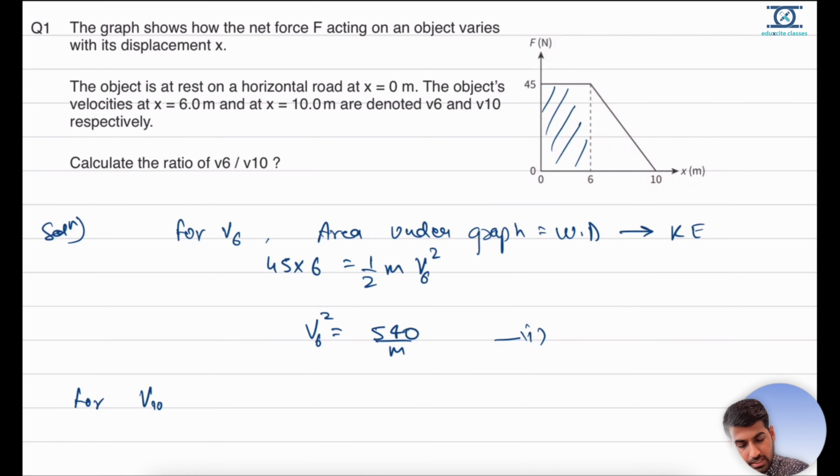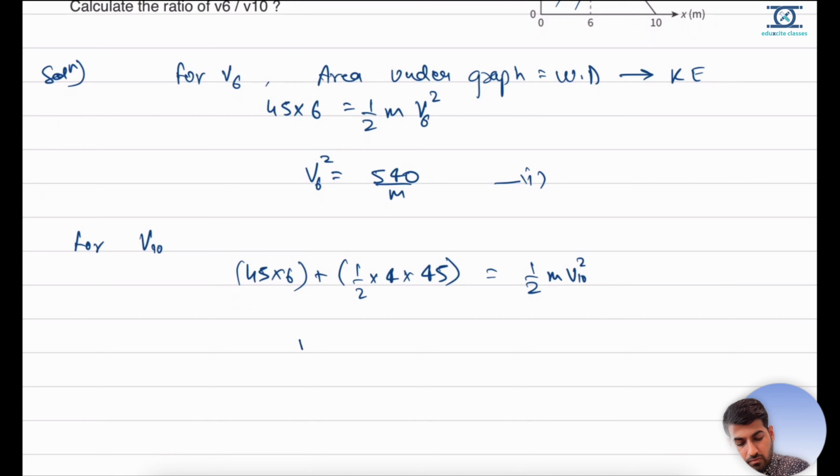So similarly I can say the area, that is 45 into 6 plus half into base 4 into 45, will be equal to half m V10 square. So when you solve for V10 square, you will get something around 720 by m. I have already done the calculation. You can use your calculator.